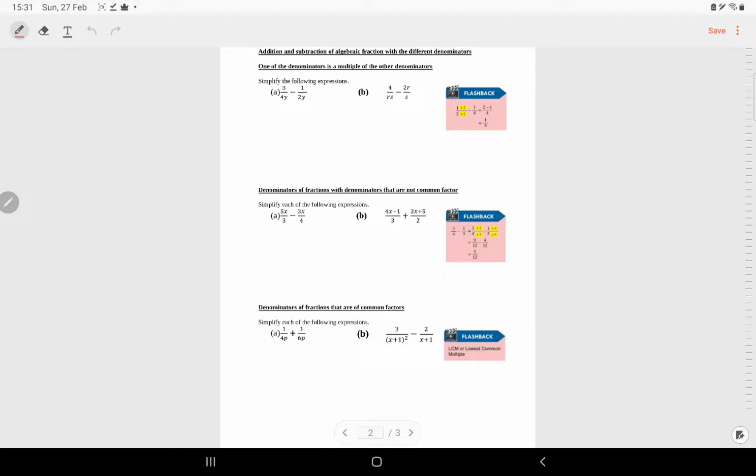I can have a common denominator of 4, because you know that 4 is a multiple of 2, and it's 2 times 2 to give you 4.